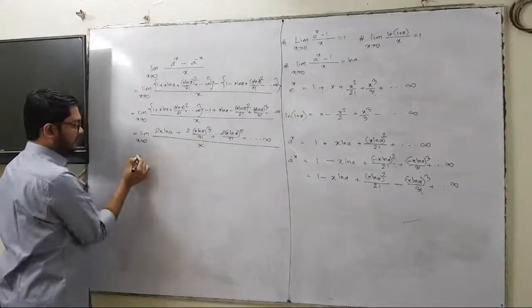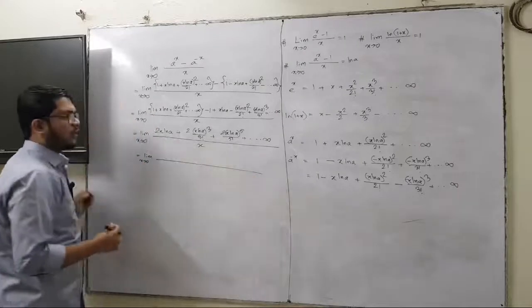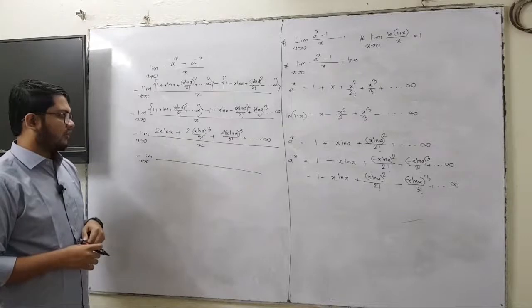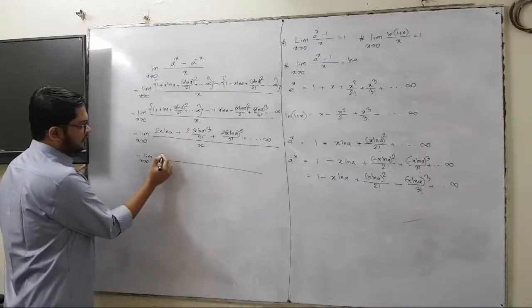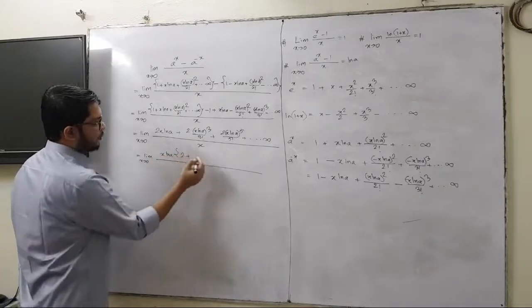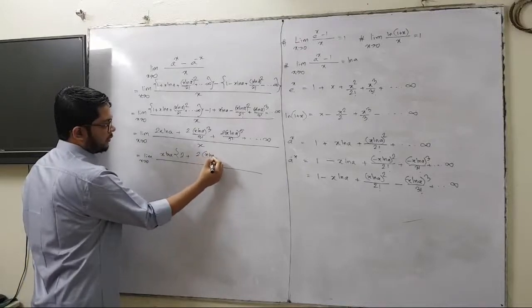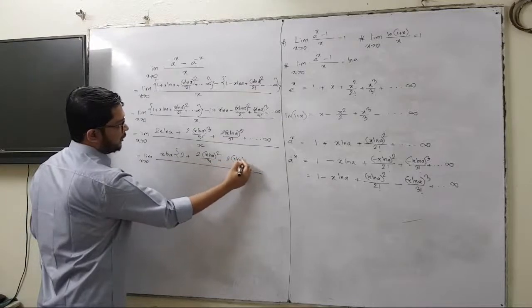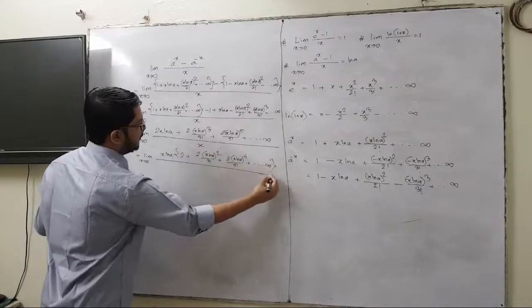And then you have x. Now what you can do here is that you can take x as common, or you can take x ln a as common, whatever you want, no problem with that. So if you want to take x ln a as common, then you have 2 plus 2 into (x ln a) whole square by 3 factorial, plus 2 into (x ln a) whole to the power 4 by 5 factorial all the way to infinity.